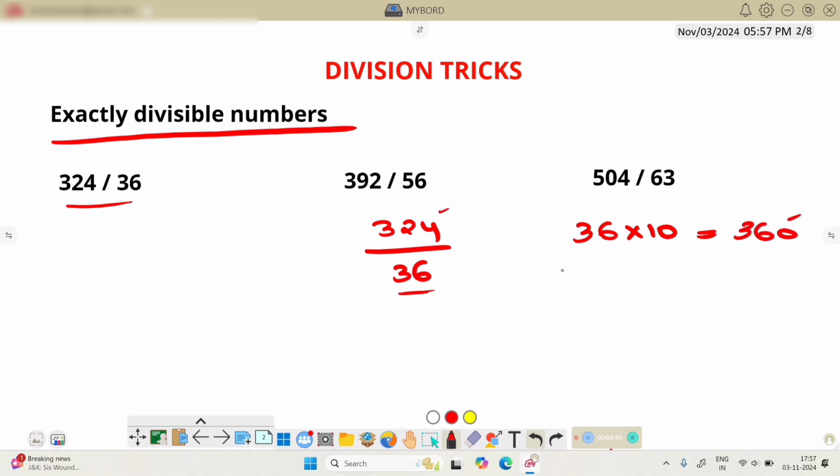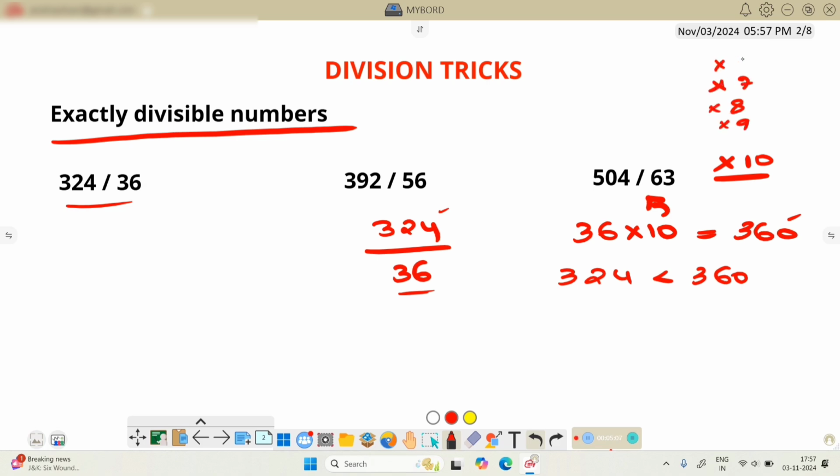The numerator is 324. If you compare 324 and 360, 324 is the smaller number. Smaller number in the sense that your answer should be below 10, that means below the range of multiple 10. The answer may be into 7, into 8, into 9, into 6. So your answer will be in this range.